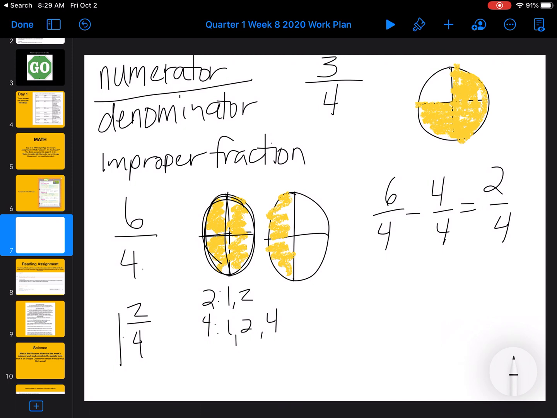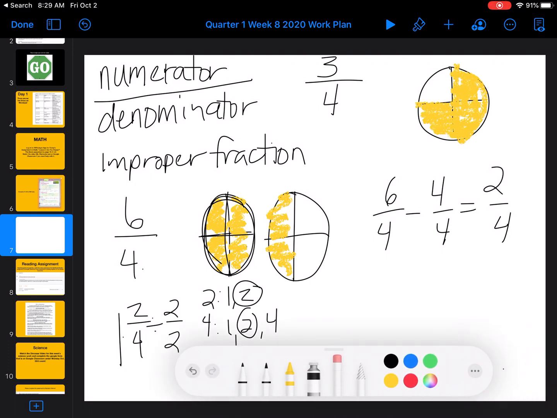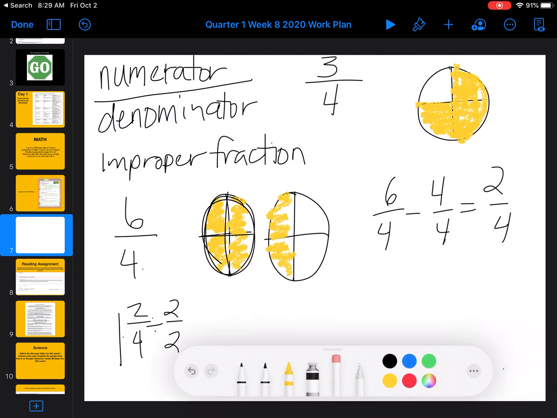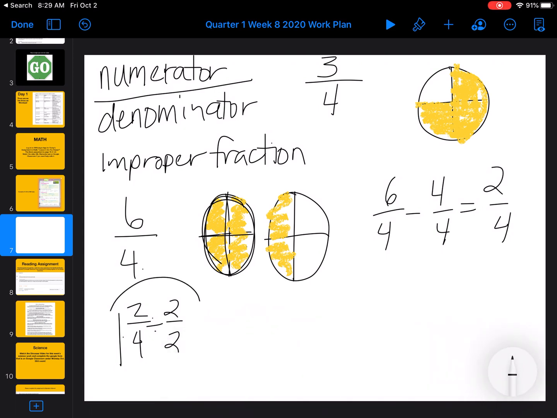I would divide the top and the bottom both by 2. Then I would get 1 whole, because nothing has changed with our 1 whole, so you want to carry that to your answer. 1 whole, and then 2 divided by 2 equals 1, 4 divided by 2 equals 2. So your final answer would be 1 and 1/2.